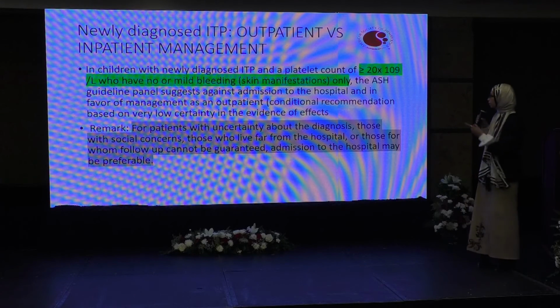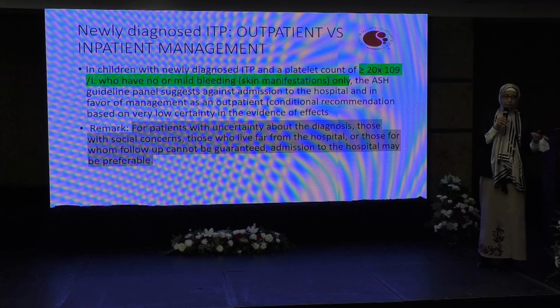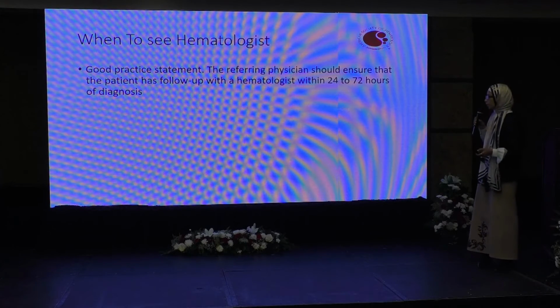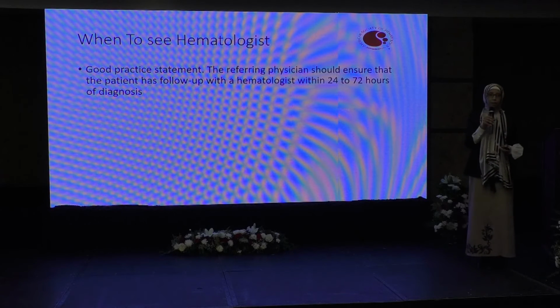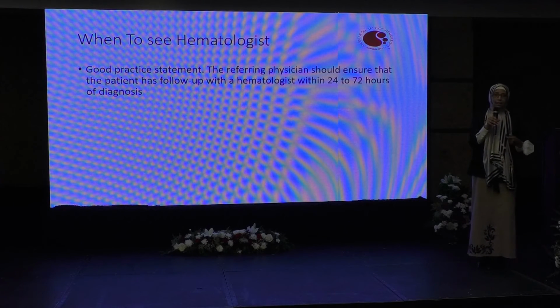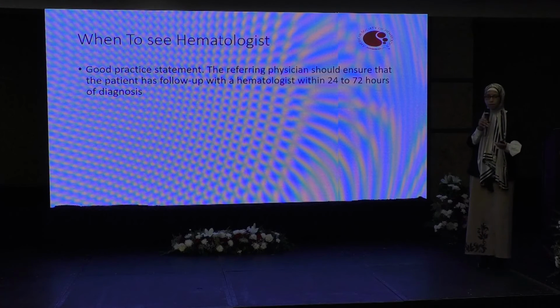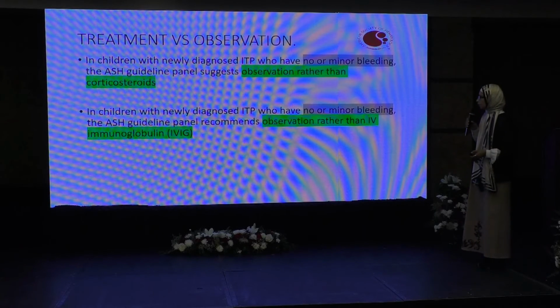And this is not only for patients with a platelet count less than 20,000. Sometimes we are pushed to it when the platelet count is more than 20,000. The patient with ITP at upfront presentation needs to visit the hospital and be seen by a hematologist within 24 to 72 hours after presentation to the hospital.